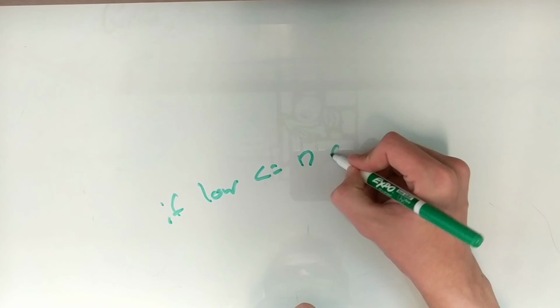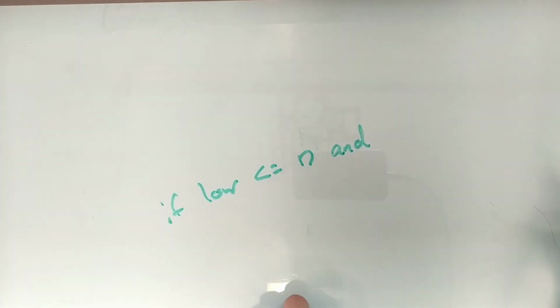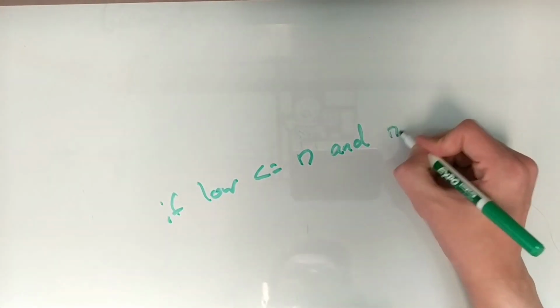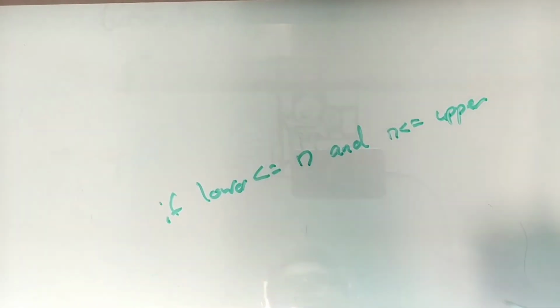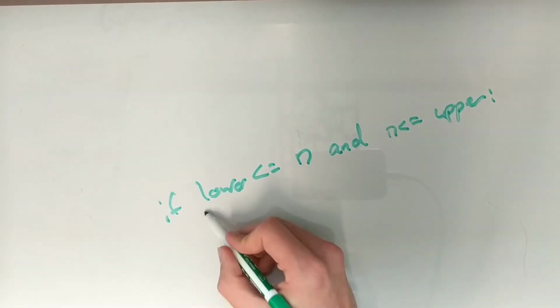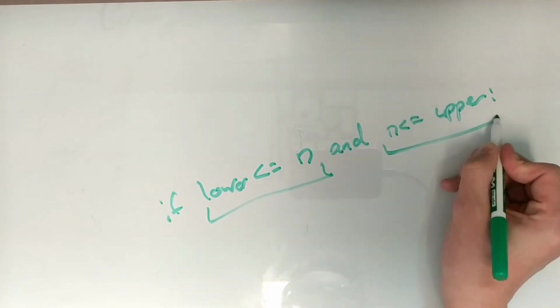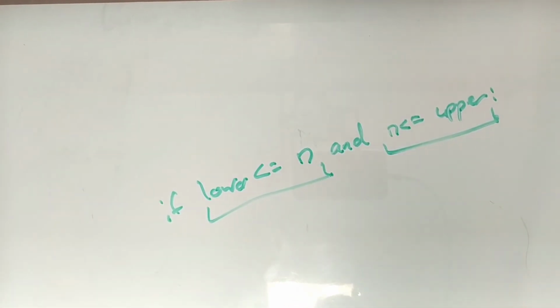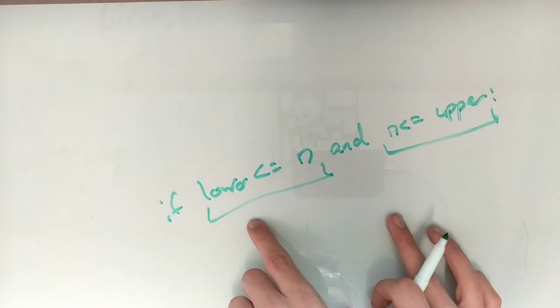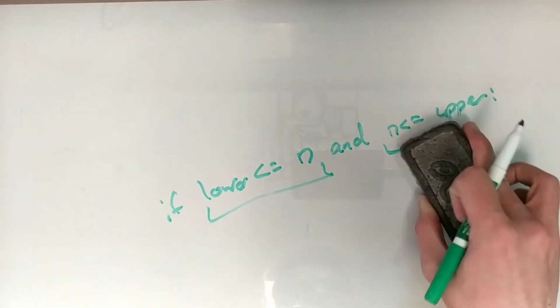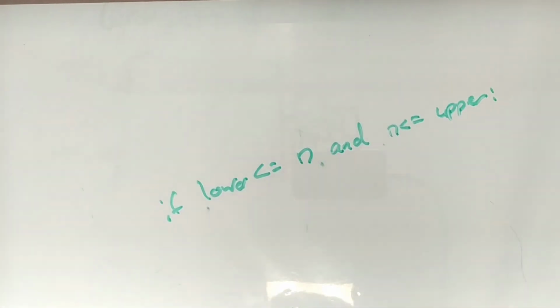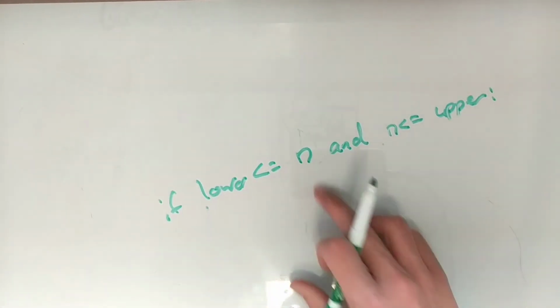So the way that I would structure this is say if lower is less than or equal to n and n is less than or equal to upper. That way we have 2 conditions, but we just need to make sure that both of them are true. And if both of them are true, then lower is also going to be less than or equal to upper because of properties.